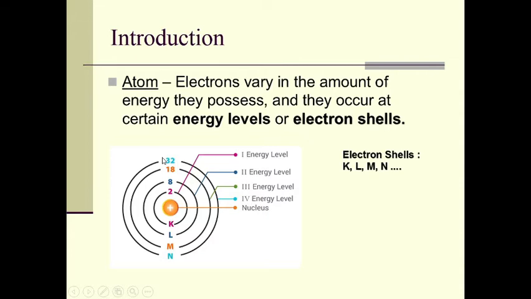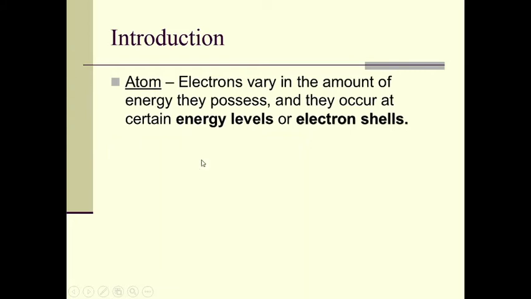Each shell can occupy a different number of electrons: the innermost can occupy only 2 electrons, the second can occupy 8, the third can occupy 18, and the fourth can occupy 32, and so on.